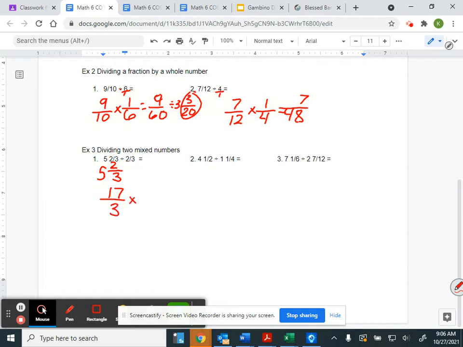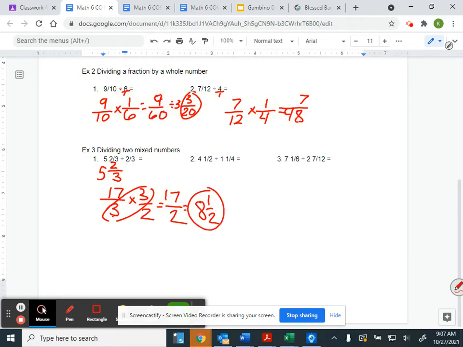Dividing becomes multiplying. 2/3 becomes 3 halves. I can divide my 3 out here and get 17 halves, because 3 divided by 3 and 3 divided by 3 are both ones. 17 times 1 is 17. 1 times 2 is 2. And then I need to make it proper. 2 goes into 17 one time with 1 left over.